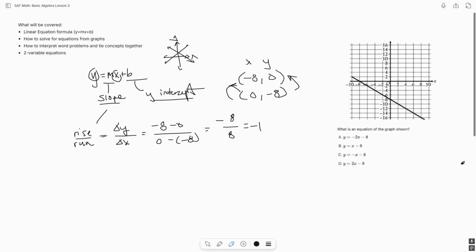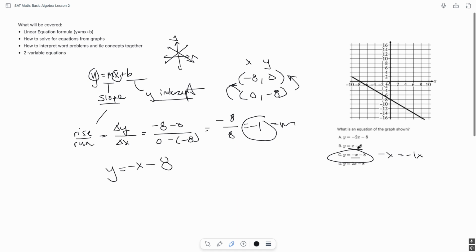which, as you can see here, does make sense because negative 1 means that it's decreasing, right? And this slope is decreasing. So just based off of that, this is the only slope that's negative 1 here, right? Because negative x is the same thing as negative 1x. If this is your m, you have y is equal to negative x plus b. You don't technically need b for this, but it's good to know that it's negative 8 right here, so you can even just put negative x minus 8.